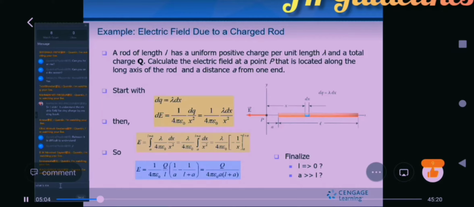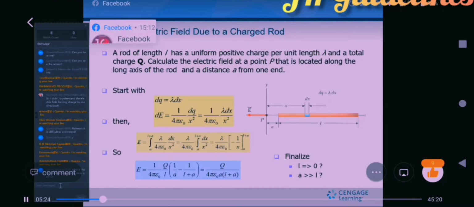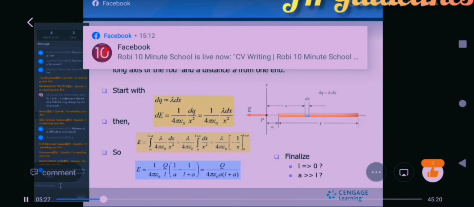What is the relationship between lambda and Q? Let's answer this question first. What's the relationship between the lambda and the Q?